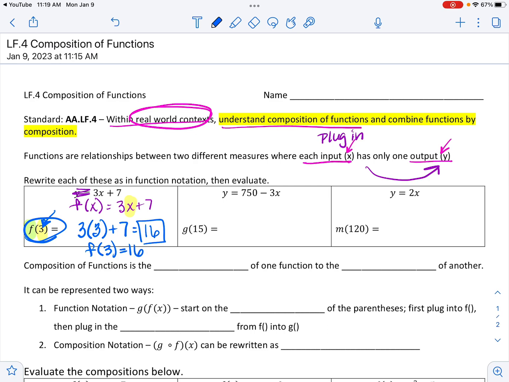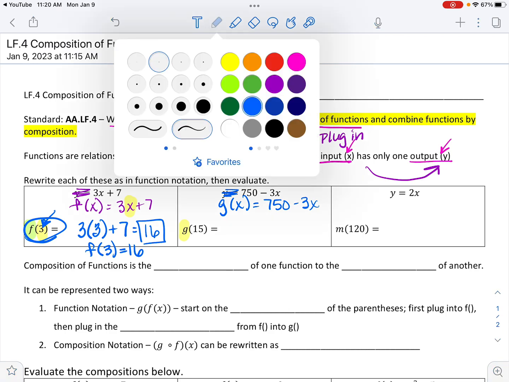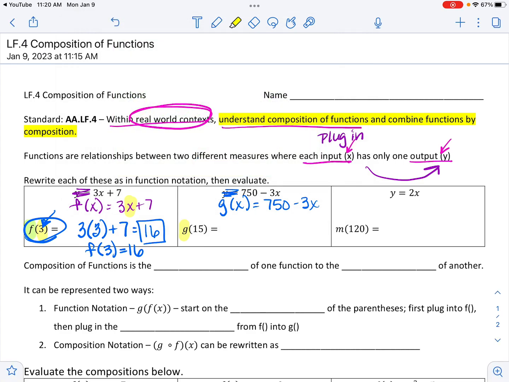So again, I look at what variable is there first, get rid of my y equals, replace it with g of x, and then 750 minus 3x. Again, this time I look for the value inside the parentheses. That is where each of my x's go.